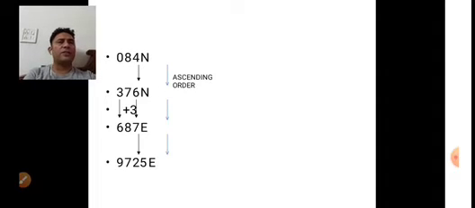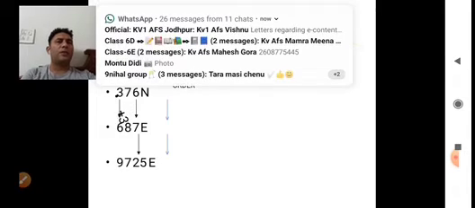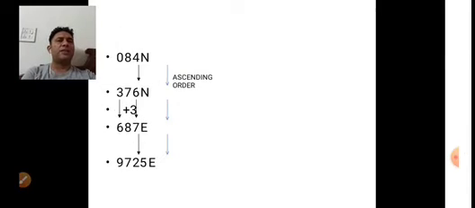Let us first look at the values. 8 degree 4 minutes north is the southernmost value. This is the northernmost value, 37 degree 6 minutes north. Then we have 68 degree 7 minutes east, which is near Gujarat, the westernmost value.